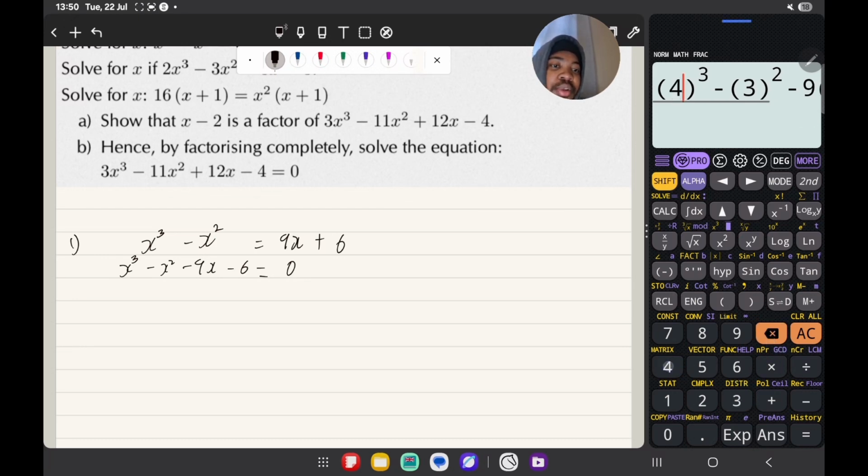Okay, 4, and then I shift. If 4 doesn't work, I'm shifting. Let me try 5, and then I shift to negatives.